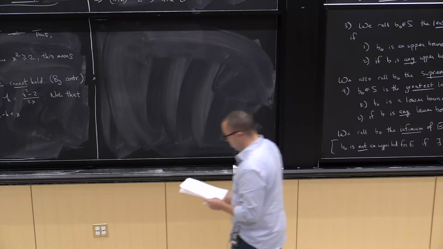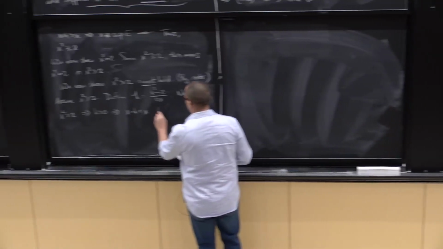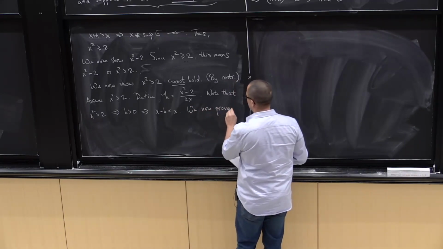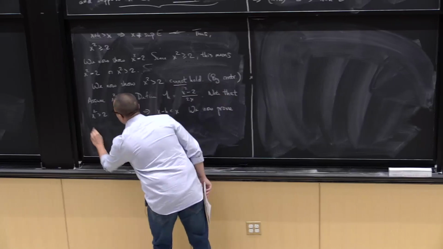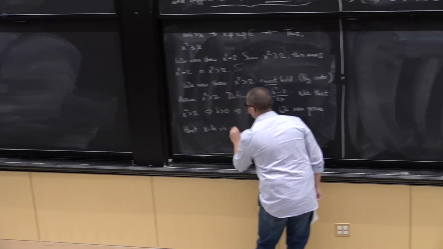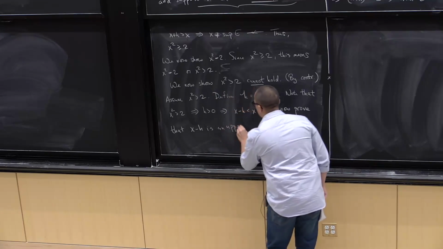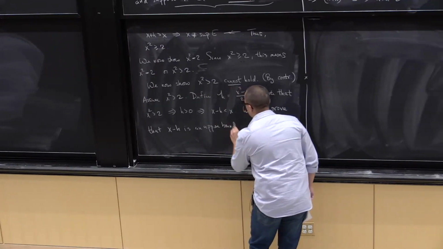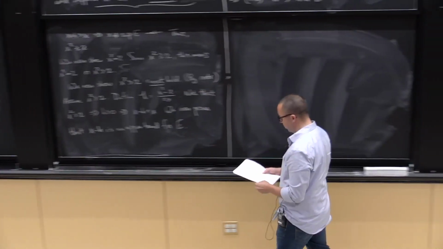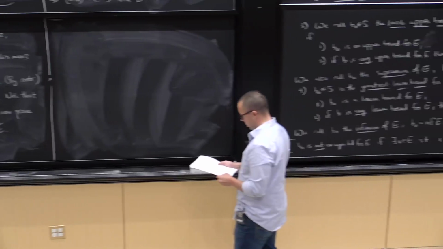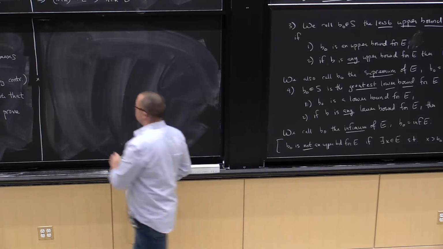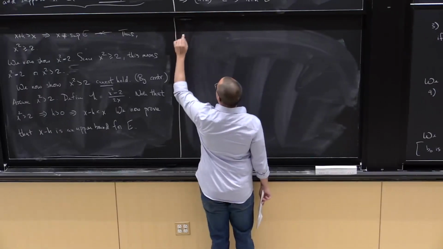All right. So we now prove that x minus h is an upper bound for this set E. Now, let's take a look at x minus h squared.